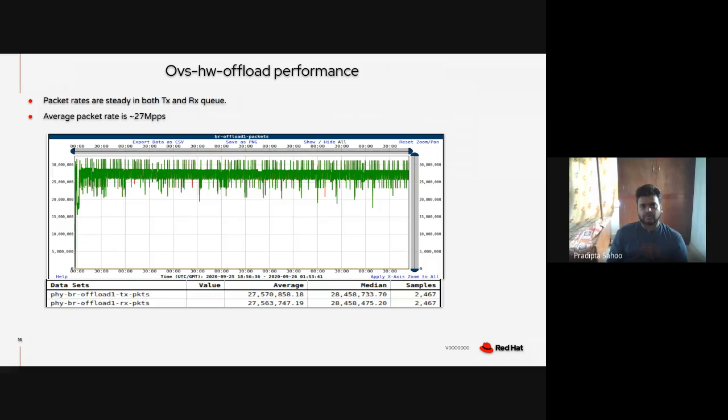Also, for OVS offload performance in the compute node, in the test journey, on the offload bridge there was no performance drop or any kind of issue reported. All the packet rates in the OVS offload bridge look steady, and on average we achieve 27 million packets per second in the offload bridge for the transmit and receiving side.